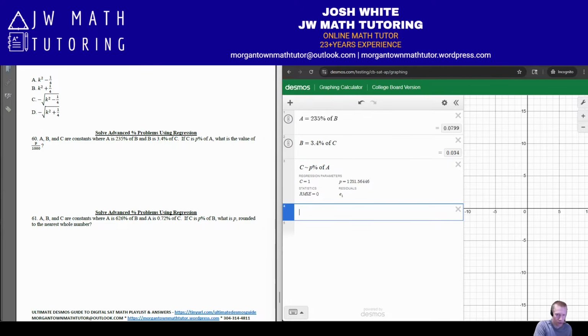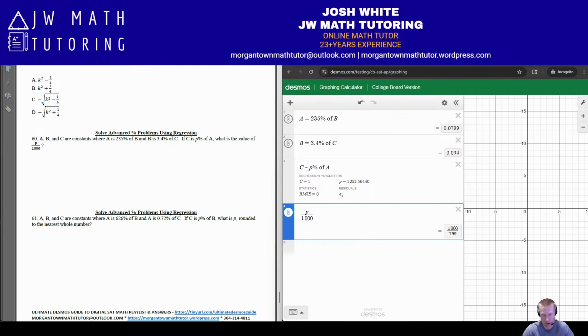What's the value of P over 1,000? P divided by 1,000, right there. So your correct answers for this would be 1.251 or 1.252. And this would not be an acceptable answer because you can't reduce or simplify it any further.